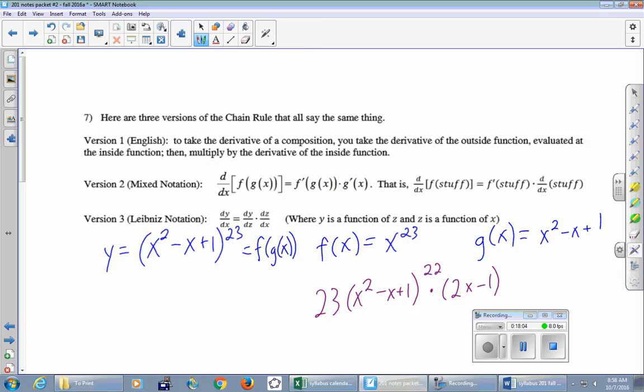It's not super important to me that we know that formula today, but we are going to need that formula next class. Because there will be problems where we can't just think about it in English. We just need to know that hardcore formula. Said in a mixed way, the derivative of f of some stuff is f prime of the stuff times the derivative of the stuff. Okay, and then the Leibniz notation, we can take a look at that next class.